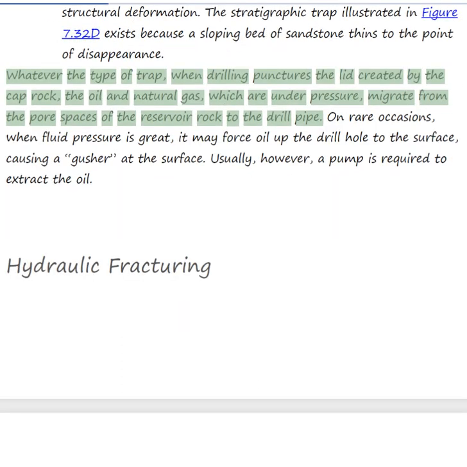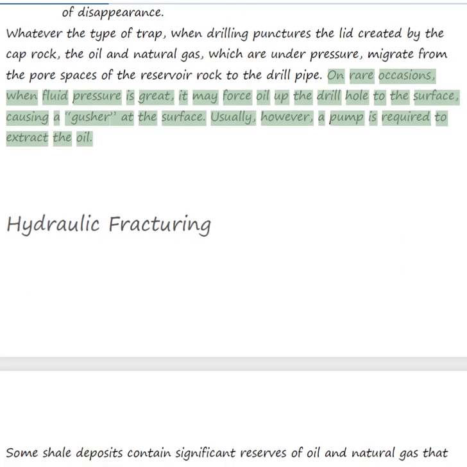Whatever the type of trap, when drilling punctures the lid created by the cap rock, the oil and natural gas, which are under pressure, migrate from the pore spaces of the reservoir rock to the drill pipe. On rare occasions, when fluid pressure is great, it may force oil up the drill hole to the surface, causing a gusher at the surface. Usually, however, a pump is required to extract the oil.